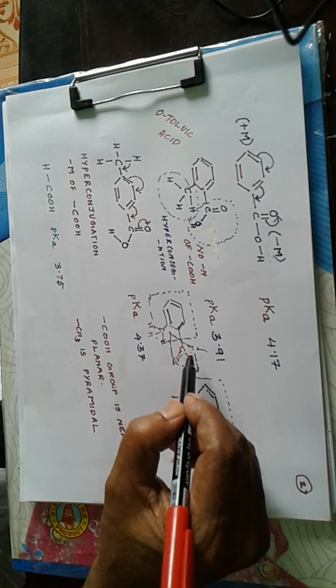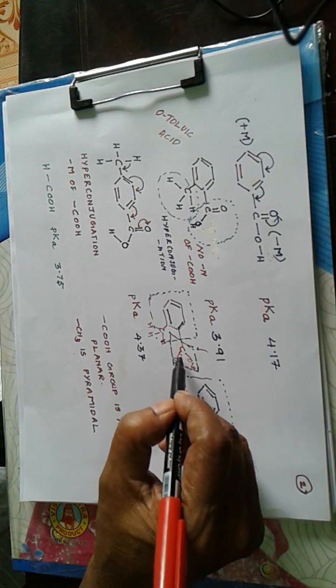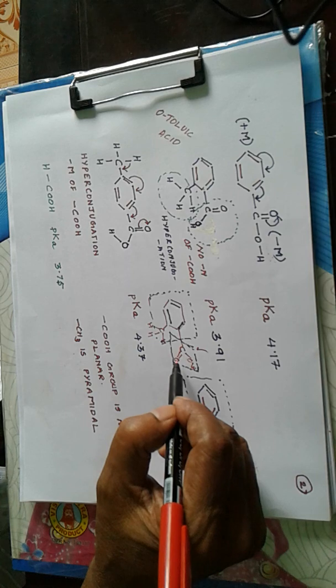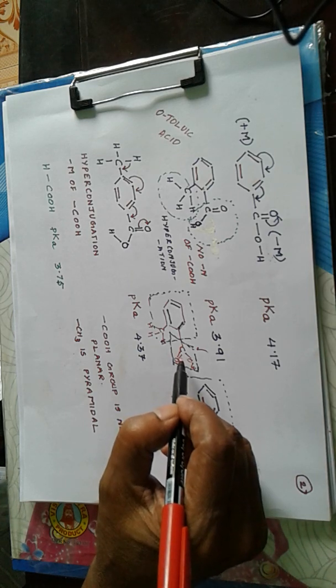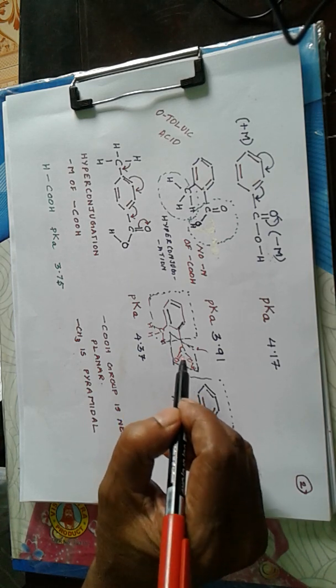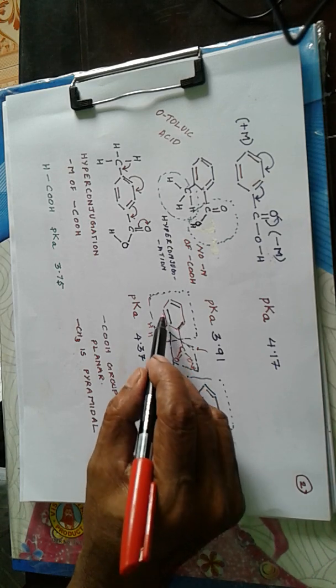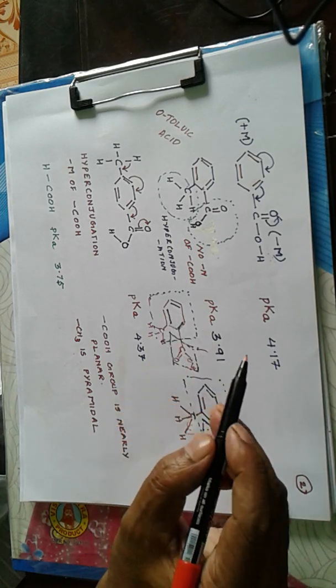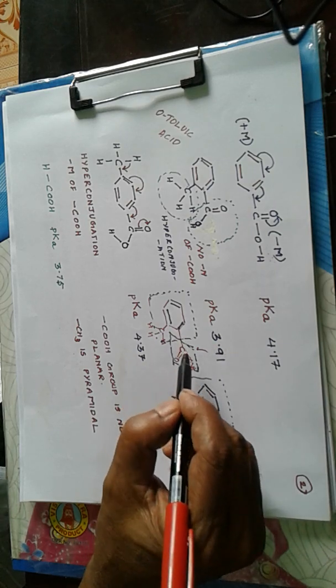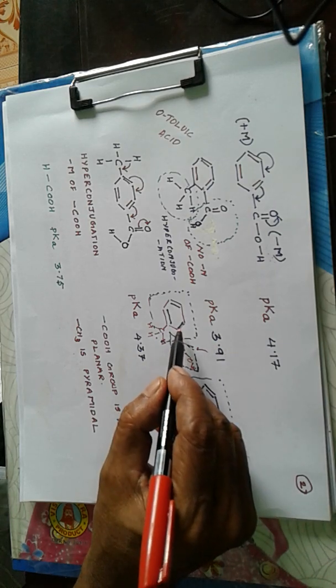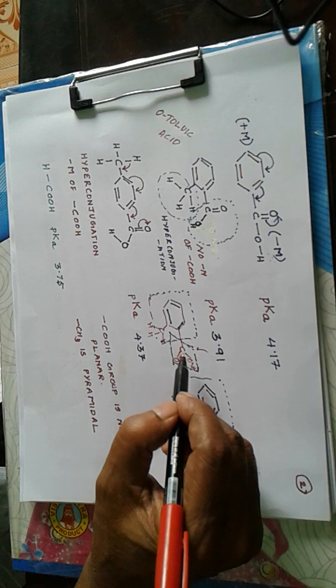So when the COOH group rotates, the p orbitals of the C double bond O system, the pi bond system, are not parallel to the p orbitals in the pi bonds of the benzene ring. So mesomeric transfer of electron density from the ring to the COOH group is prevented.